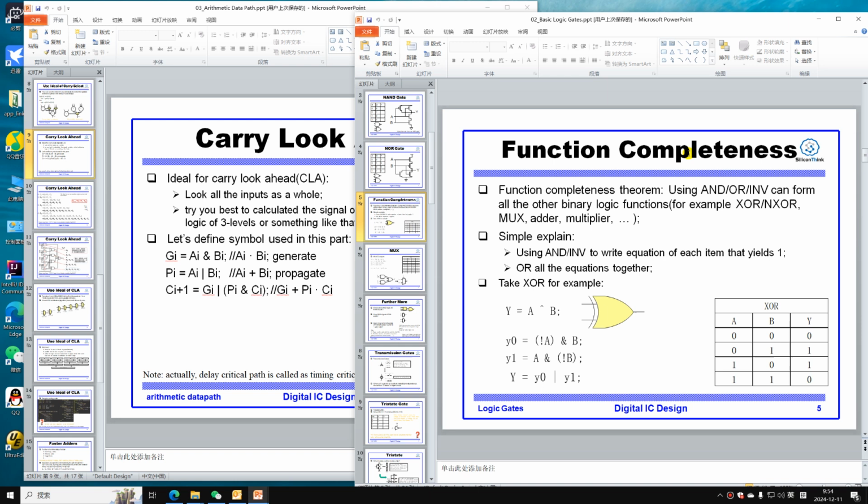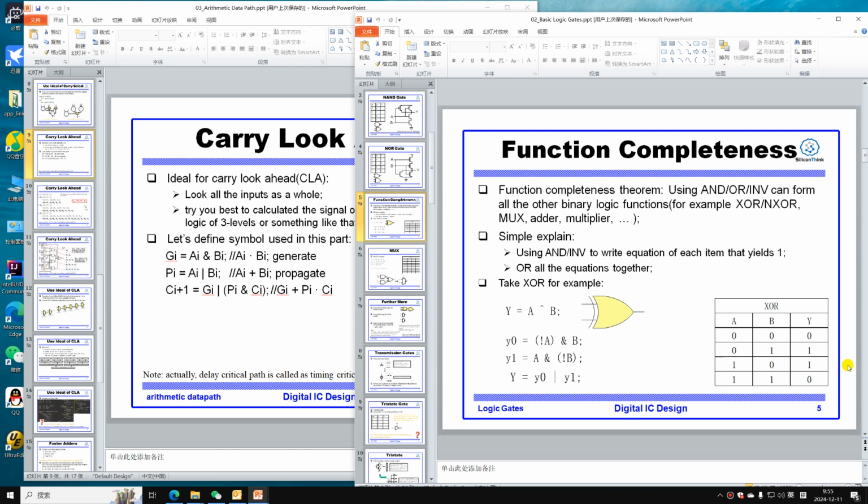Remember the function we have said, you can use the truth table and write the equation for each bit that yields 1. So in this part, you just have 2 levels of functions: inverter and AND.